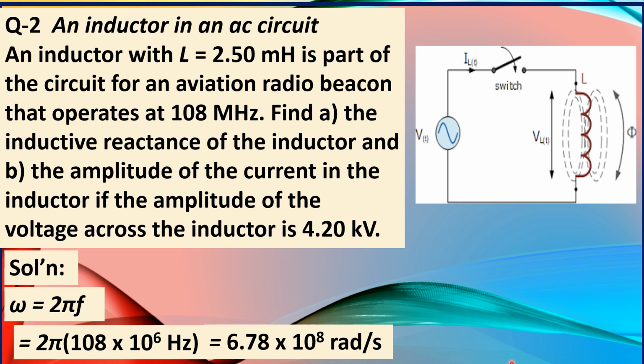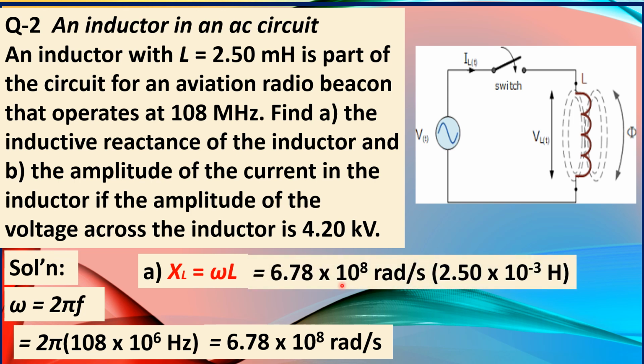So we can now find the inductive reactance. Question letter A. The inductive reactance of the inductor, labeled capital X sub L, is just equal to the product of omega and the given inductance capital L. So when we substitute, all right, the calculated omega, which is 6.78 times 10 to the 8 radian per second, multiplied by the given inductance, already in Henry, 2.50 times 10 to the negative 3 Henry.